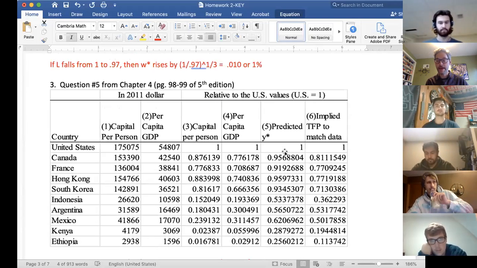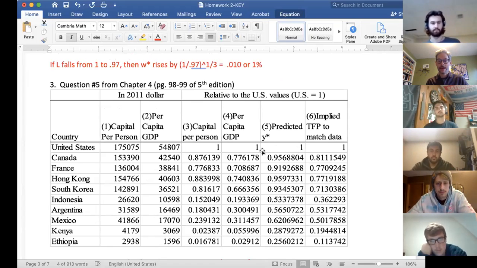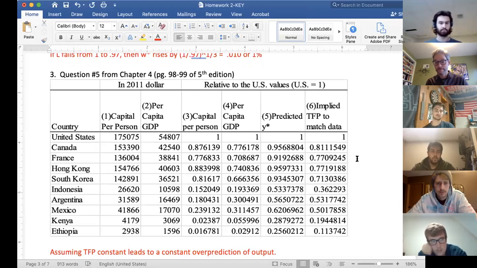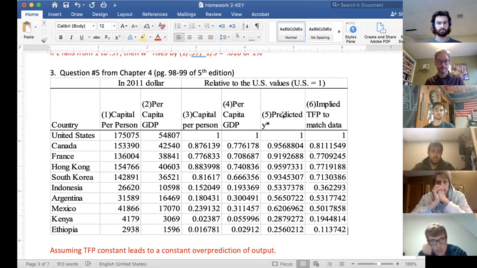And when you do that, you assume that A is equal to 1. And then in the third column, you want to try to figure out, well, what would be the A that would lead the predicted to be equal to the actual, right? And so what's the takeaway from this? The takeaway is if you assume total factor productivity is constant across countries, you are, for almost all countries, way over predicting what their output is.